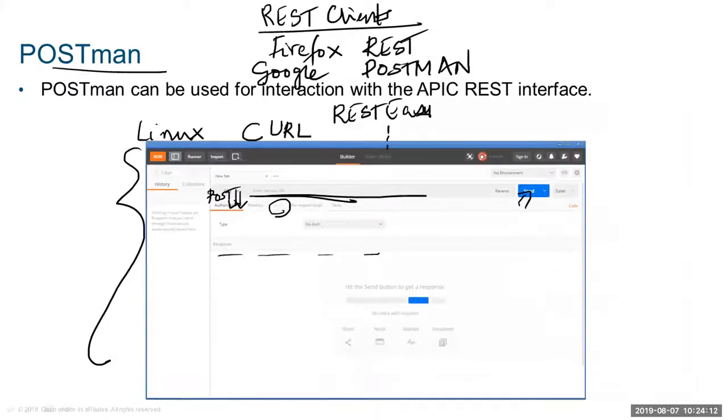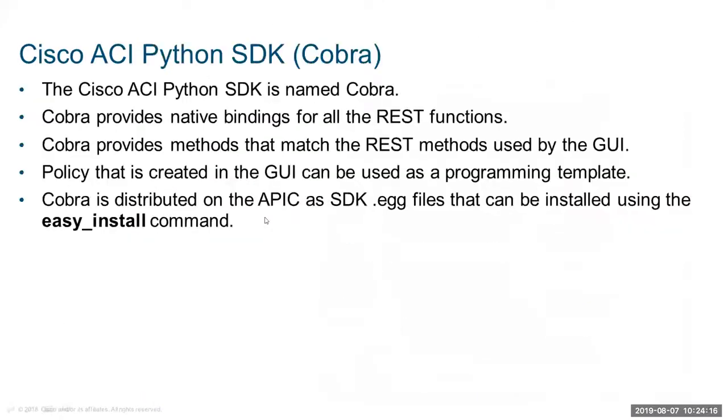The last one for discussion right now is a software development kit called Cobra. I'll make it easy to understand what that means. Here's my REST API, and it's on the APIC.